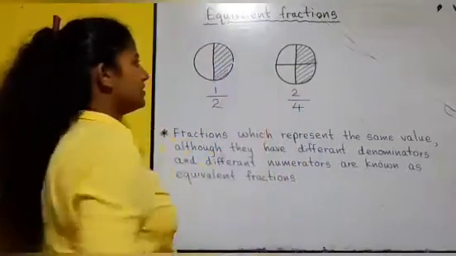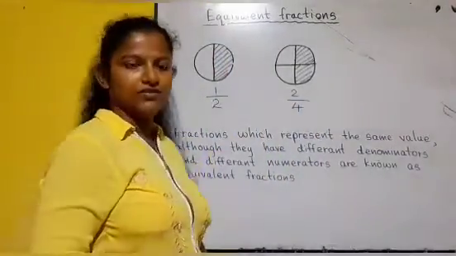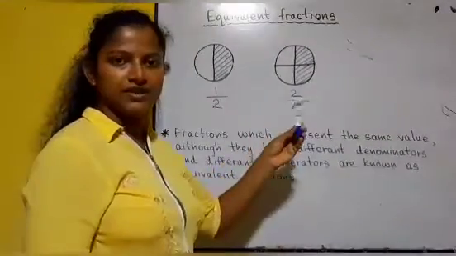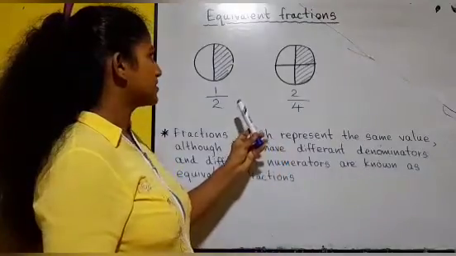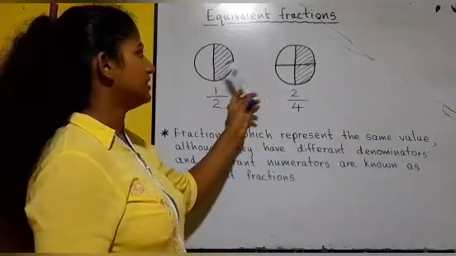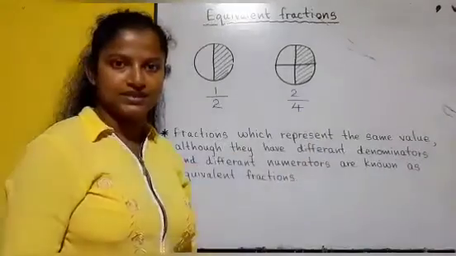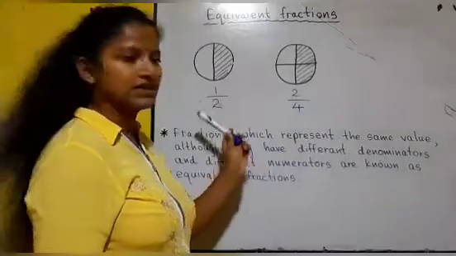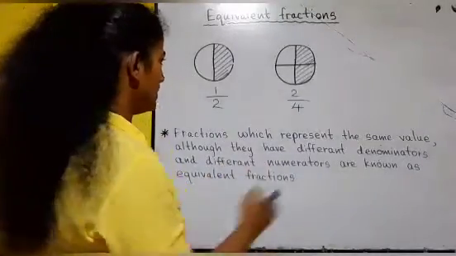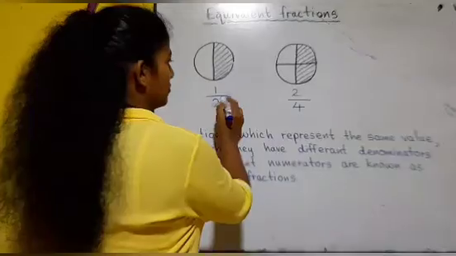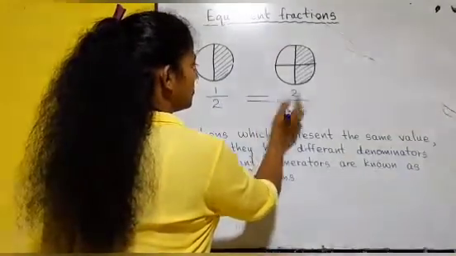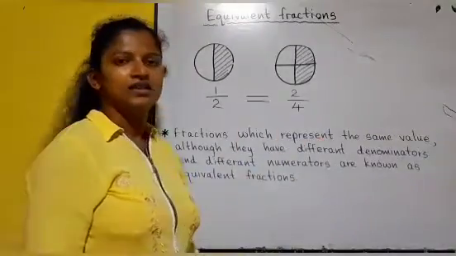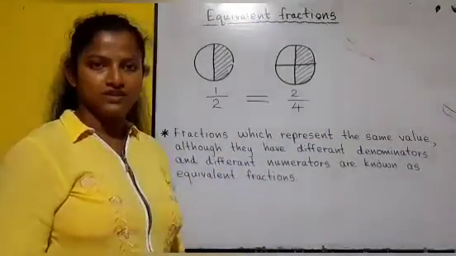Now, can you see a relationship between these two circles? Is there a similarity between these two circles? The shaded portion is equal in both instances. So, we can conclude the two fractions are also equal. That means 1 over 2 is equal to 2 over 4. So, these two fractions are called equivalent fractions.